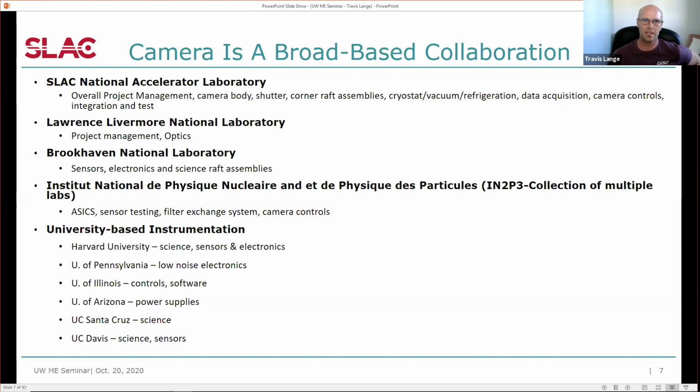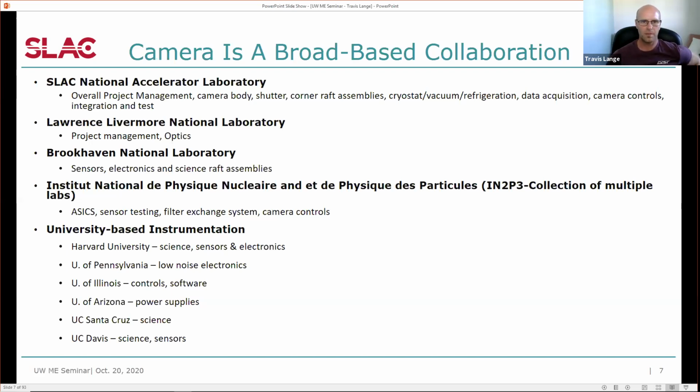Some of the elements that we did not do the design of on our own are the main optics, so the big lenses. I'll talk about those a little bit later on. Lawrence Livermore actually handled the procurement and design of those optics. Brookhaven National Lab out in Long Island did the design of the sensor assemblies for us.